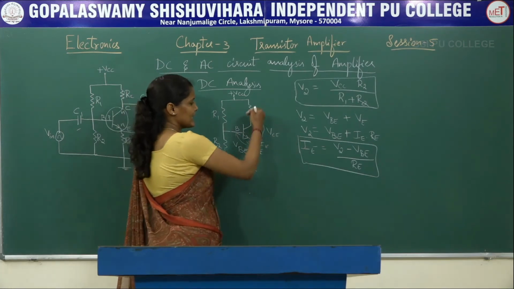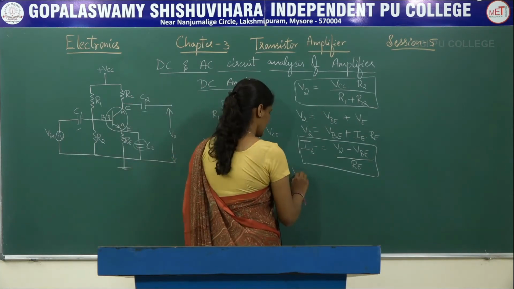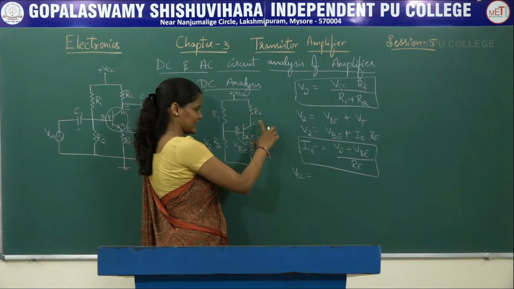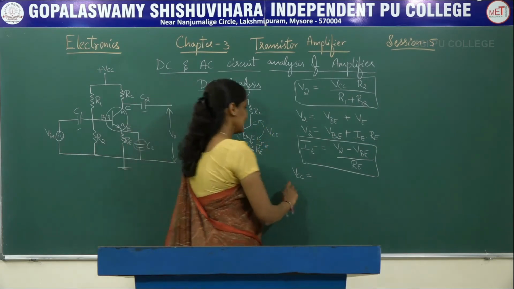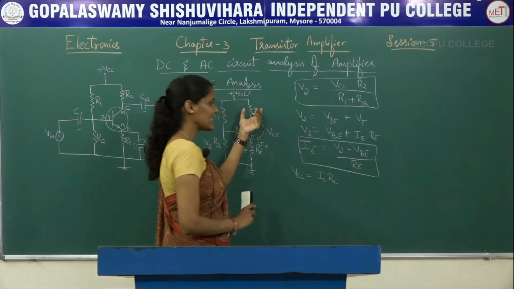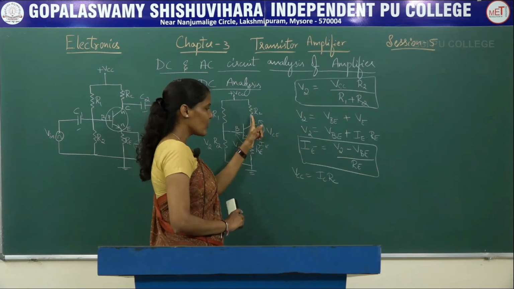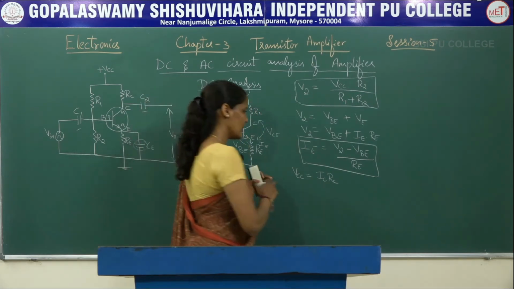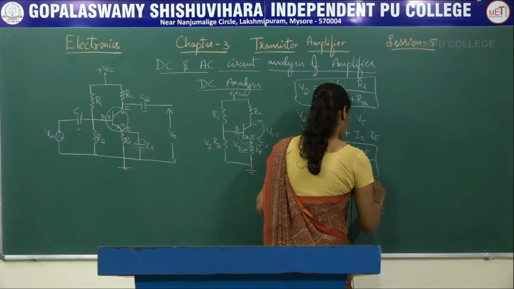Now let us apply KVL across the output terminal. VCC is equal to the voltage drop across this resistor plus the voltage drop across this junction plus the voltage drop across this resistor. The voltage drop across the resistor RC can be calculated by the product of the current flowing through that resistor and its resistance value, that is IC into RC, plus VCE plus IE into RE.